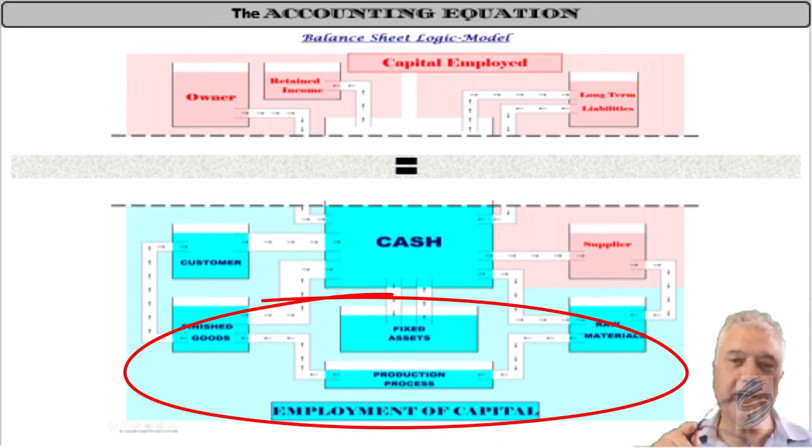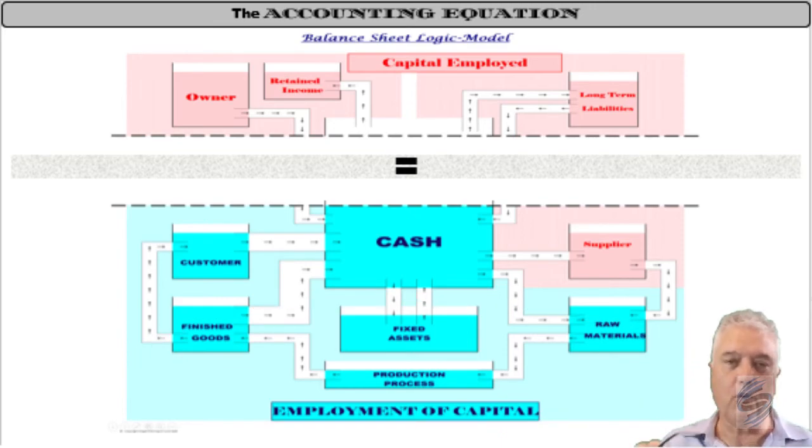Now, these pictures became clear to me once I understood the working capital logic model. Once I understood where capital employed fitted into the employment of the capital. And then when I looked forward in the business, I could say, am I improving my net asset value? And if I'm improving my net asset value without incurring further long-term liabilities, I must be improving my owner's equity.